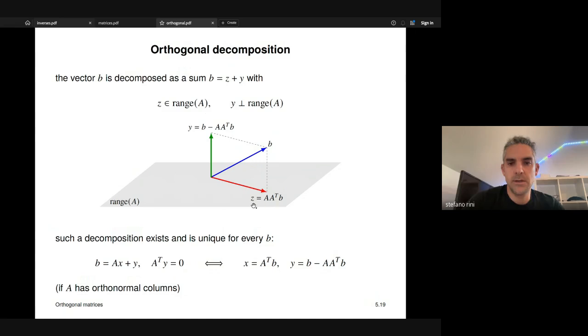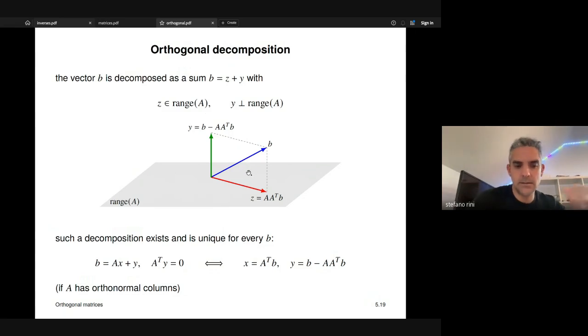This is in 3 dimensions, so this is the vector B, the projection Z is A times A transpose times B, and this Y will be B minus A times A transpose B. Everything is cool as we expected. So the orthogonal vector is Y, and Z is the other part.